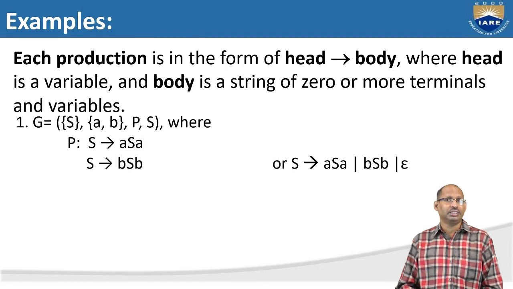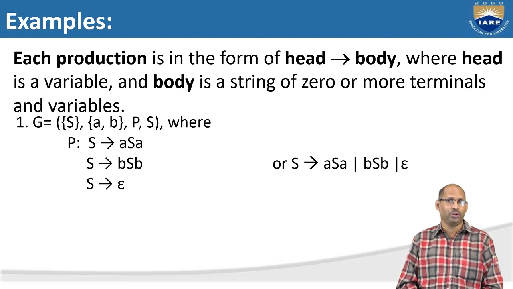So the productions: S gives ASA, S gives BSB, and S gives epsilon.